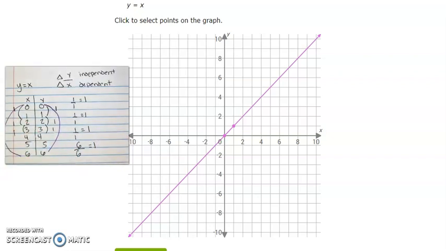So we know it's linear. They are proportionally the same. 2 over 2 would also equal 1. It's all about being proportionally the same. So we calculate the slope by comparing numbers within the table. We're going to practice a few more.